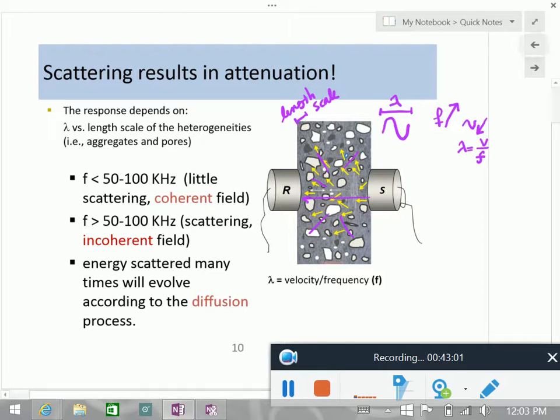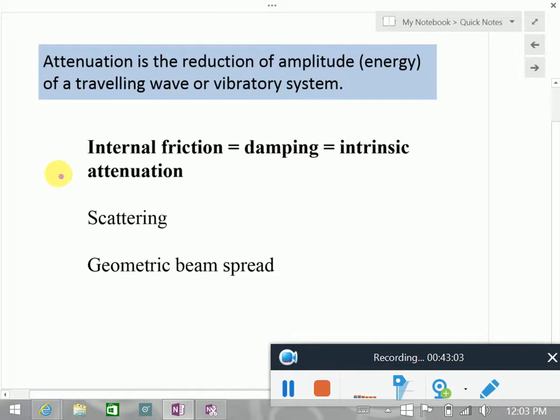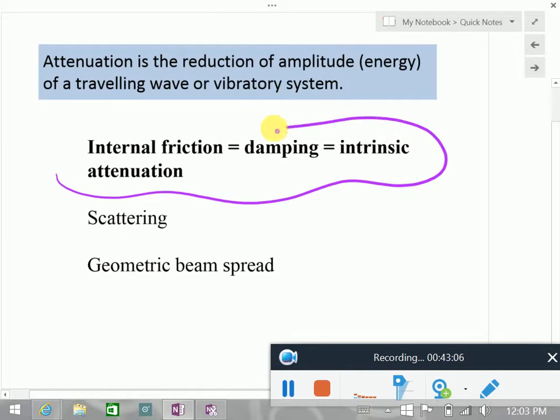Okay? And the last mechanism of attenuation is something that we have talked about in vibration before. When we calculated the Q factor for the material in vibration, that kind of attenuation is coming from internal friction. It's coming from the material itself.